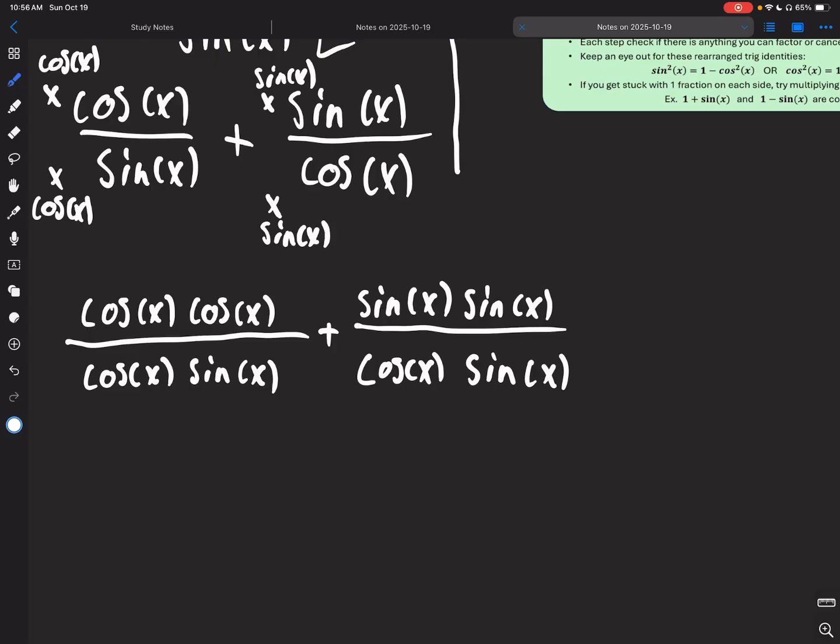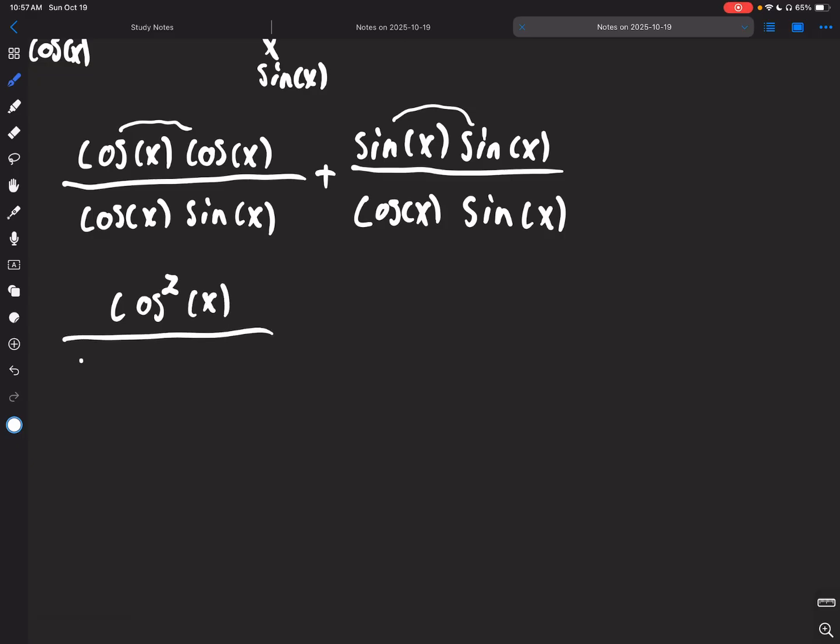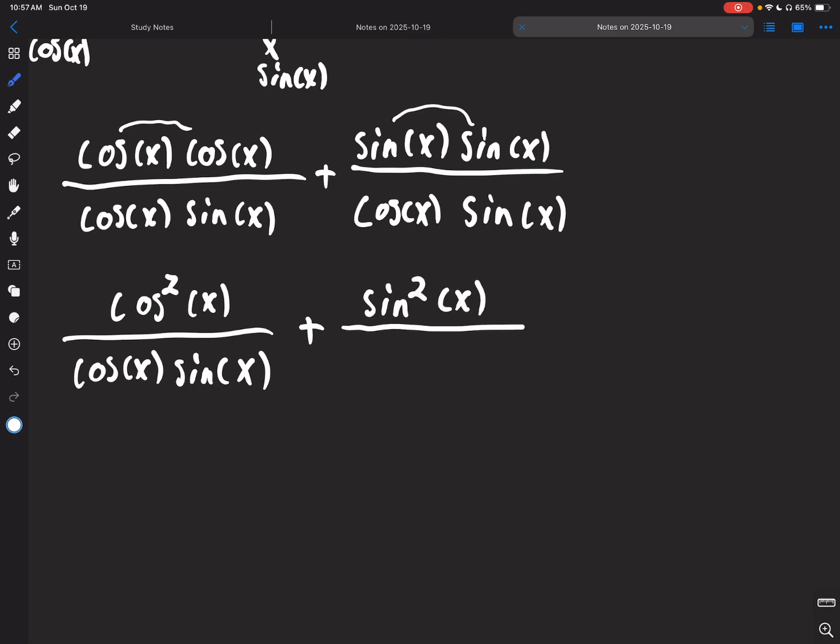And if we look here, cos times cos, and sine times sine, all that will become is cos squared x, and our bottoms are still the same, cos x sine x, plus sine squared x. And once again, the bottoms are the same.